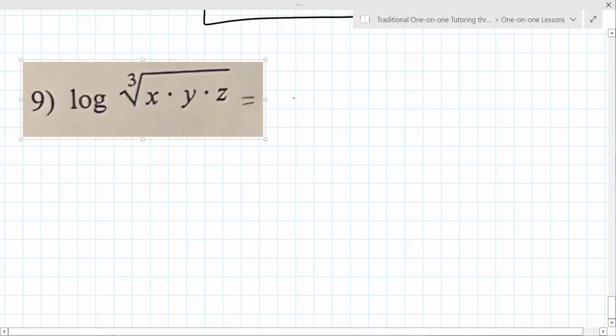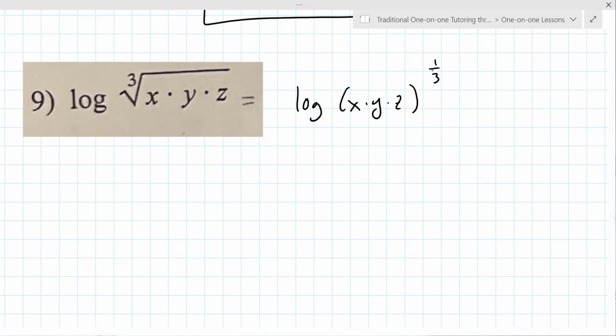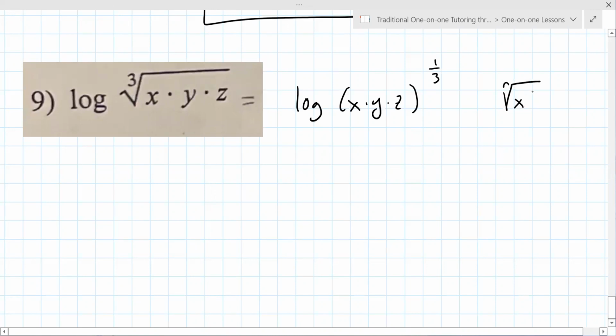All right, so this one, number 9, it's the cube root of x times y times z, or x times y times z to the 1/3 power. And if you're wondering why that is, it has to do with the root property you saw earlier in the course.